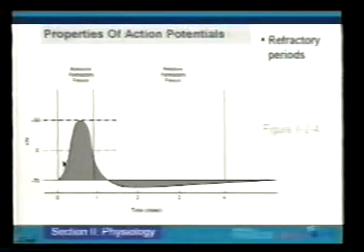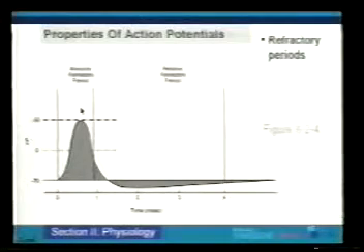Now, with the absolute refractory period, you should realize this is a period in time. Now, this period begins at threshold. So the absolute refractory period begins at threshold, and it continues until the cell almost completely repolarizes.